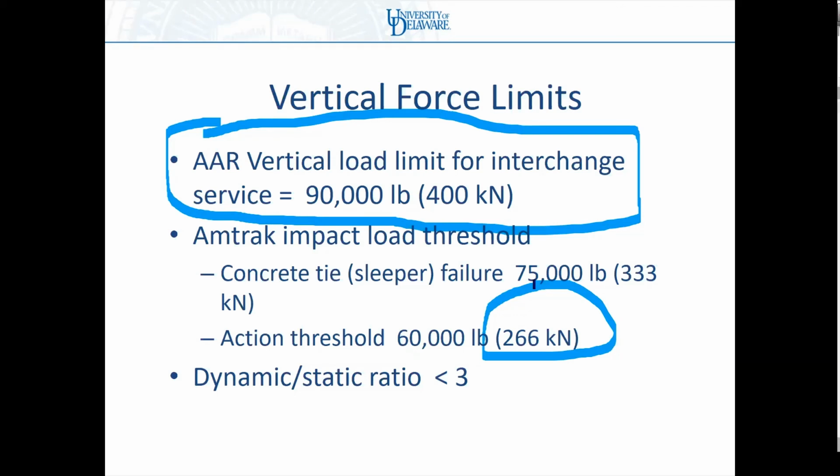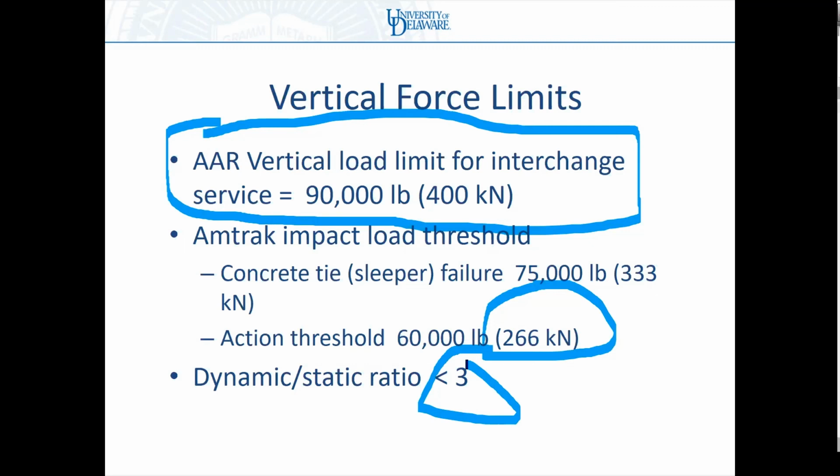And what I'm seeing in the UIC world is standards being looked at where, if the dynamic load is more than 3 times the static load, then you have a criteria to remove the vehicle.